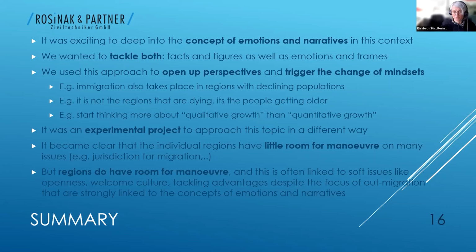For example, they cannot change the jurisdiction of migration. But regions do have room for maneuver, and it's often linked to soft issues like openness, welcome culture, quality of life, tackling advantages despite the focus on out-migration. It was rather experimental and a little bit different from what was presented today.